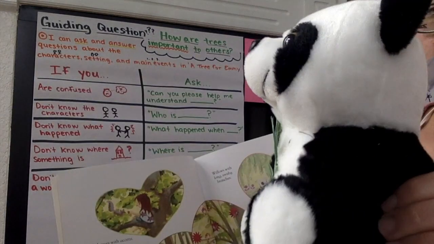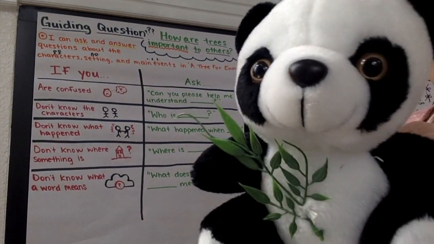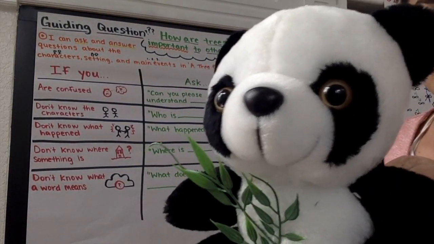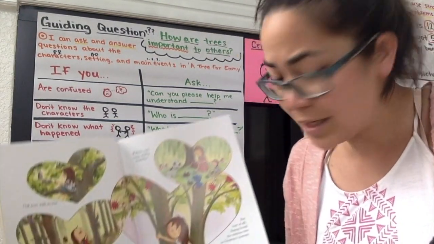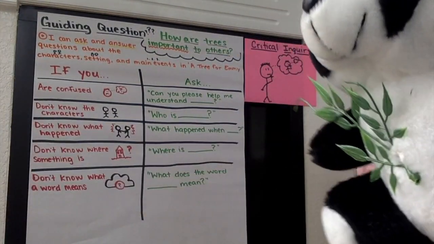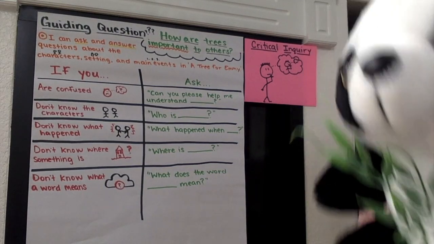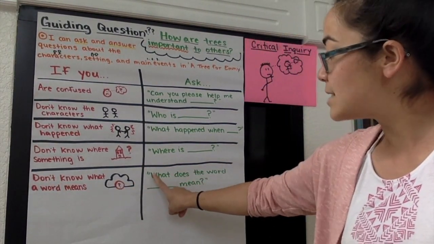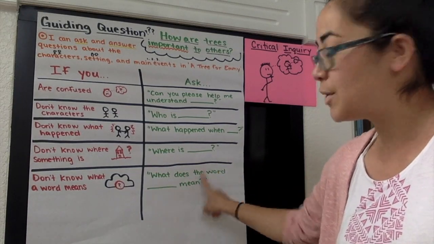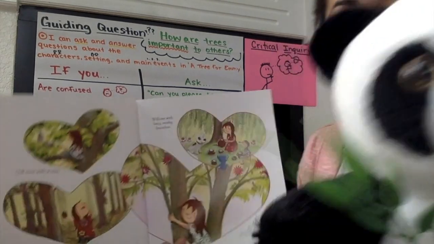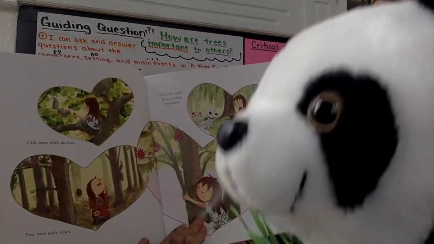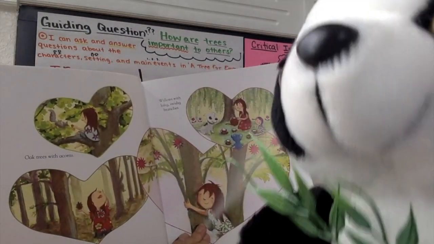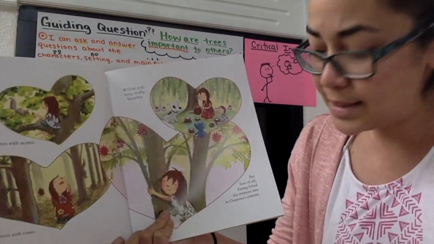Wait. I'm a little confused. I need to stop and ask a question. Well, Patrick, what do you have a question about? I don't know what a word means. So let's look. When we don't know what a word means, we ask, what does the word mean? Why don't you try? Okay, what does the word pasture mean? Well, let's take a look.